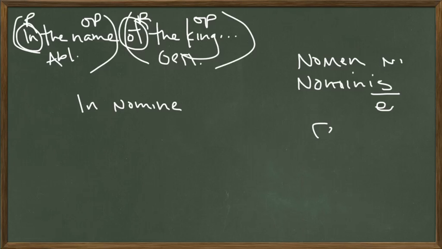King is rex in Latin in the nominative, and the genitive is regis, which is the word we are going to use here. In nomine regis, in the name of the king. We just leave regis alone because regis means of the king.